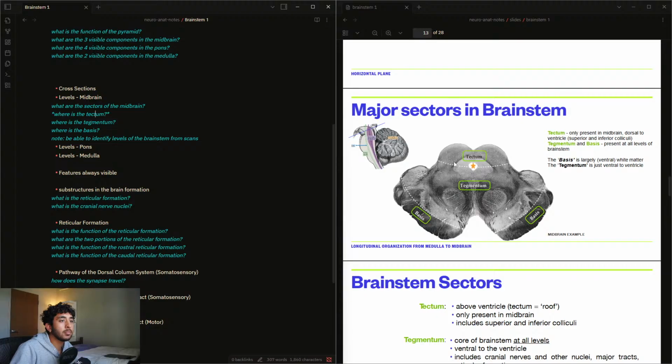There's a tectum, which is dorsal to the ventricle. Makes sense.